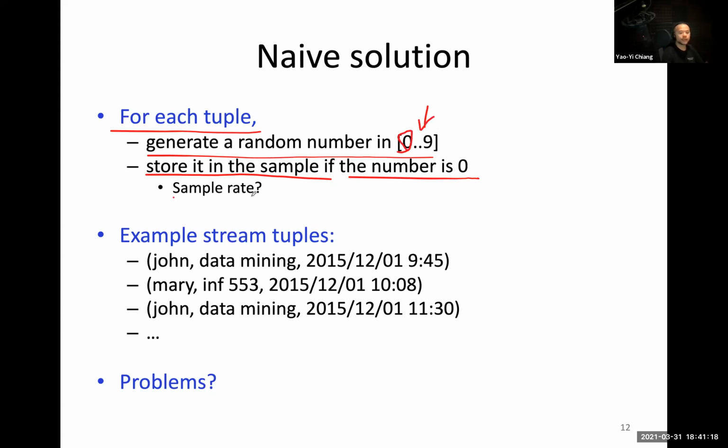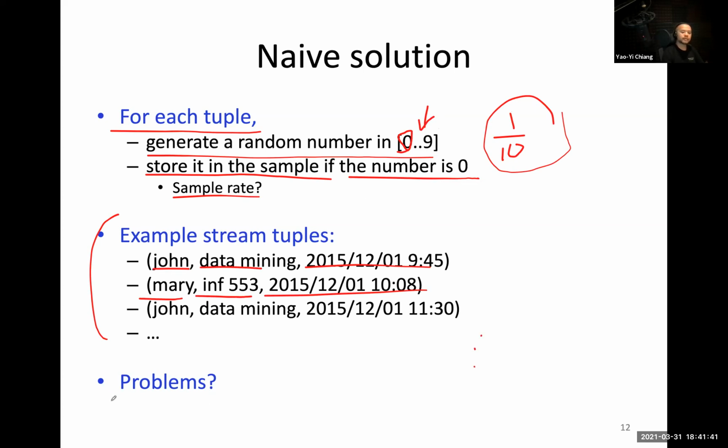And what would be the sample rate? Well, the sample rate will be 1/10, for the tuples. Example streaming tuples: John queries data mining with a timestamp, Mary queries INF553 with a timestamp, and so on.